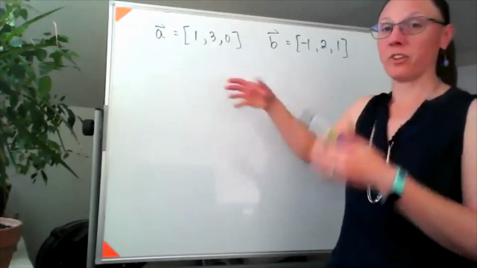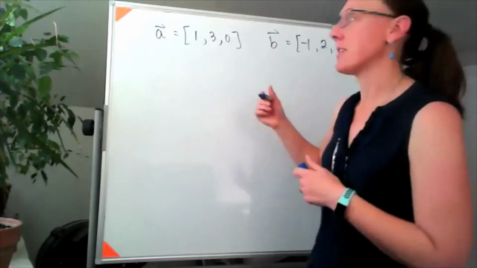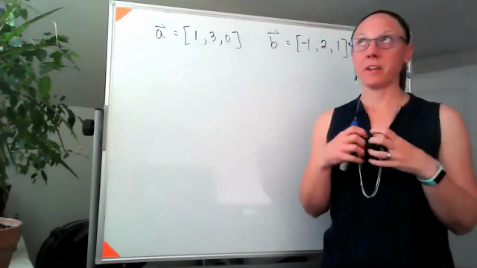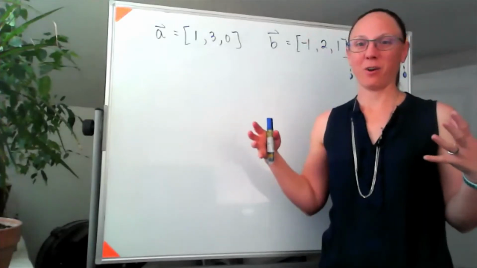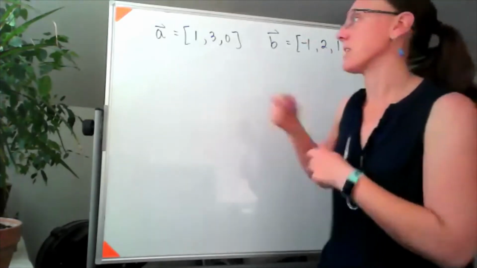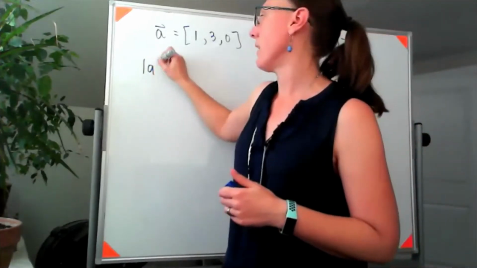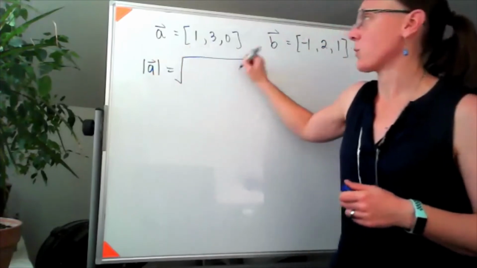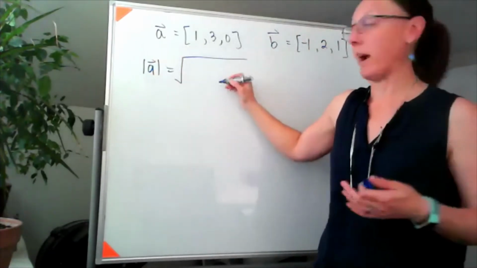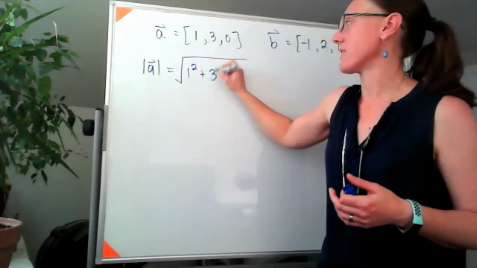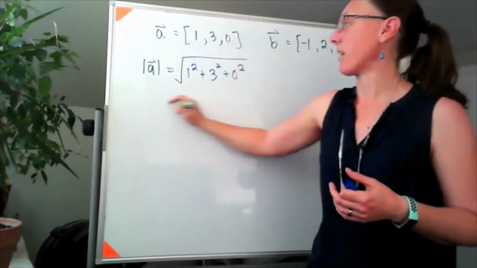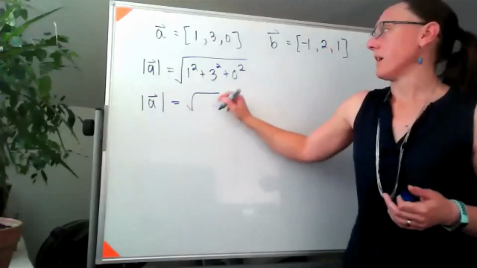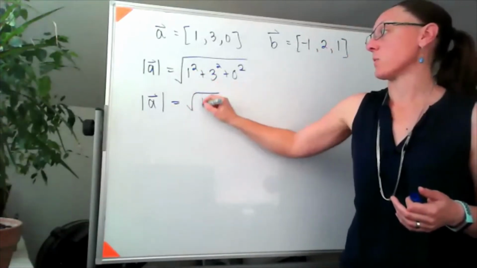So first of all, for the length piece, now that we're in 3 dimensions, we're kind of thinking about expanding that Pythagorean theorem, but when we do it in 3 dimensions, the result looks like the length of our vector a is the square root of each of the components squared. So 1 squared plus 3 squared plus 0 squared. So here my magnitude of a would be 1 plus 9 plus 0, so square root of 10.